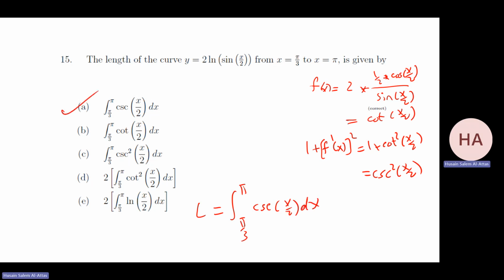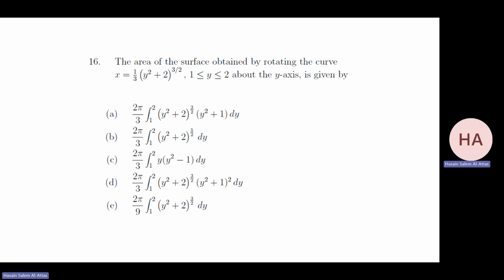What is this one? There is rotation about the y-axis. Okay, now this is my g of y, about the y-axis. So g prime of y will be what? Half times y squared plus 2 to the power half. Don't forget the 2y.